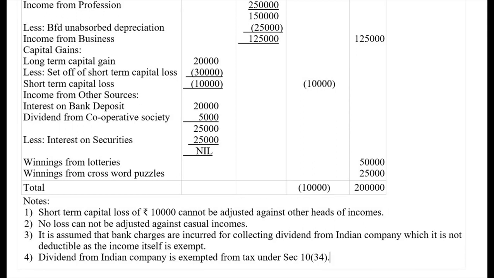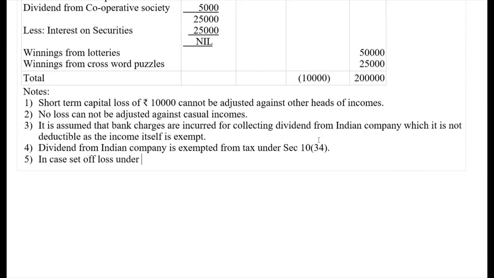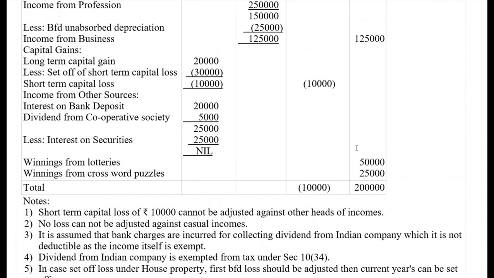Then in case of set off of loss under house property, first brought forward loss should be adjusted, then current year's loss can be set off. So this is the answer.